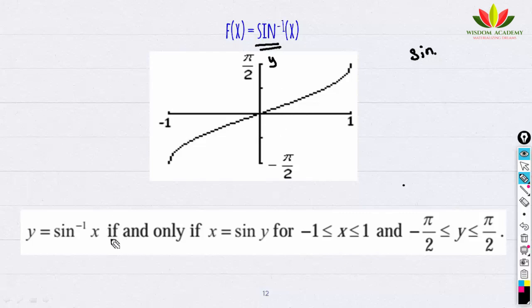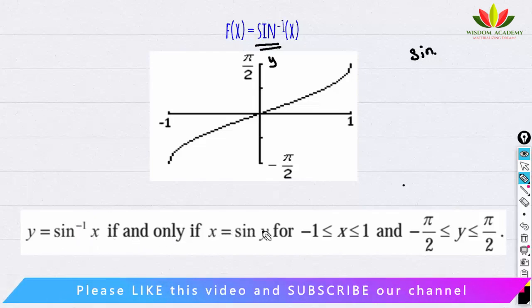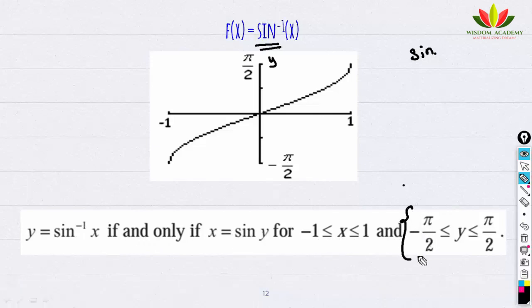The important thing to keep in memory is that y equals sine inverse of x if and only if x equals sine y, defined for the range minus pi by 2 to pi by 2, and x can come only from minus 1 to 1. In this way I made the sine function bijective, and after making it bijective I can take the inverse. Now we are done with sine.